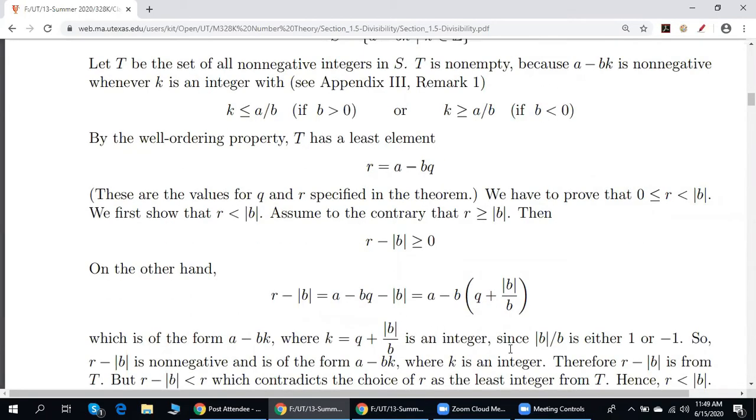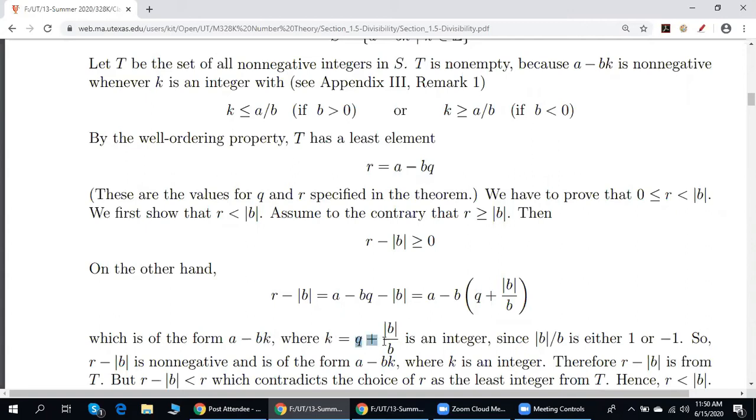Next observation. Let us denote this expression Q plus absolute value of B over B by K. Now, let us show that K is an integer. Well, here's why K is an integer.